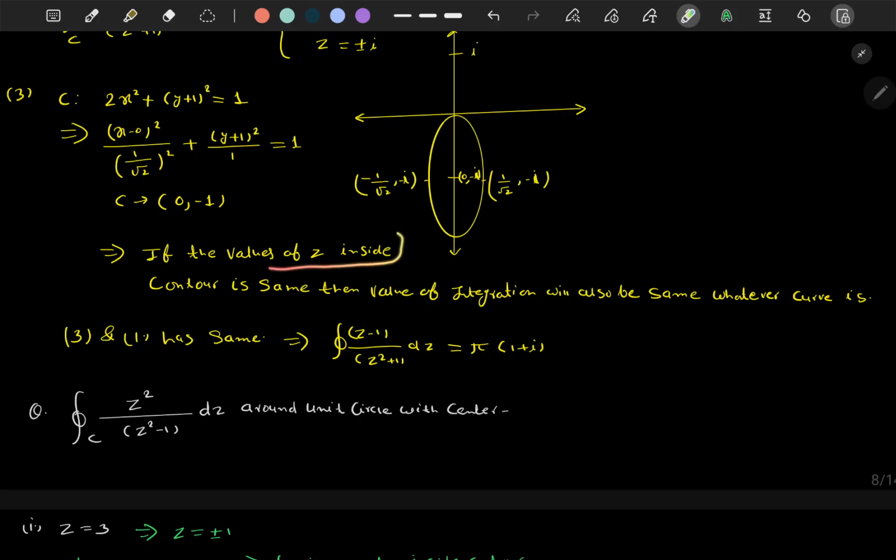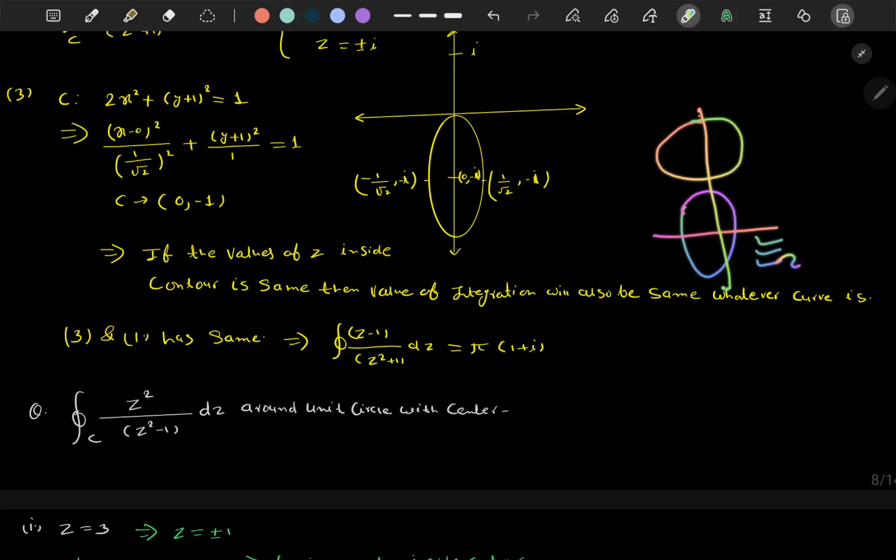If the values of z inside the contour are the same, then the values of integration will also be the same, whatsoever the curve is. It means no matter whether our contour looks like this or like this, we just have to determine the singular points.